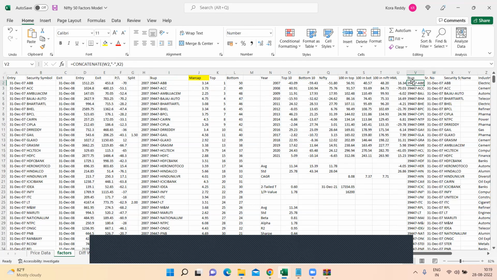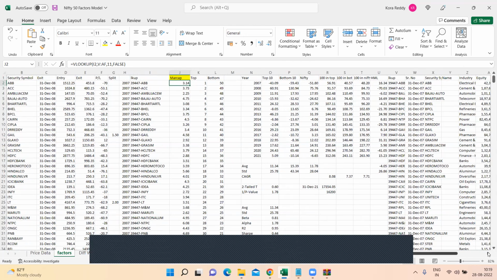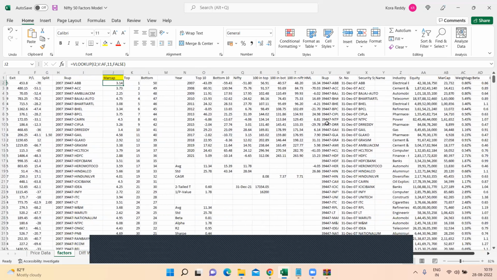Date, concatenate and the symbol. So 39447 hyphen ABB is what it looks like in the VLOOKUP. Right, and then of this in V2 to AF. It goes all the way to AF.